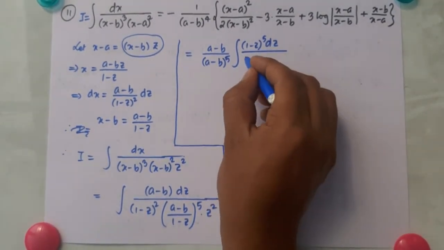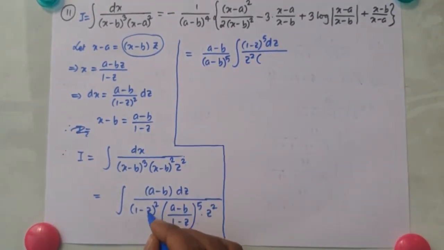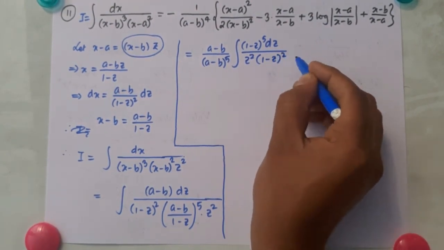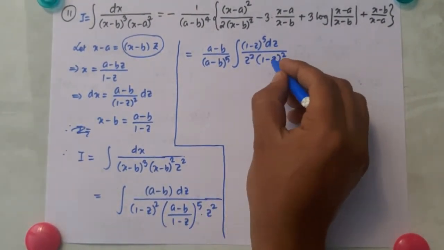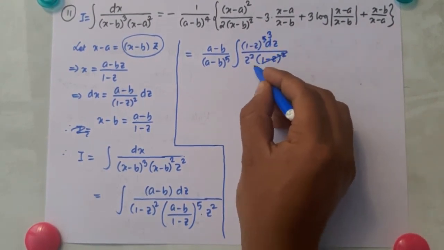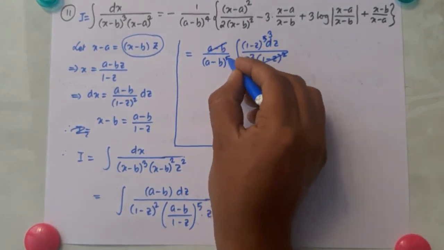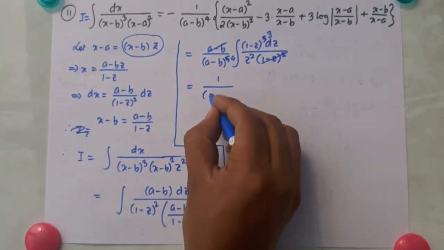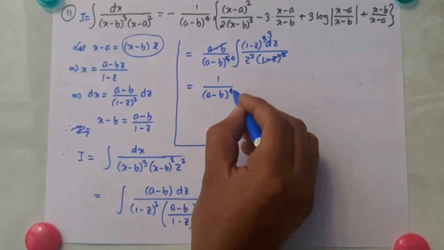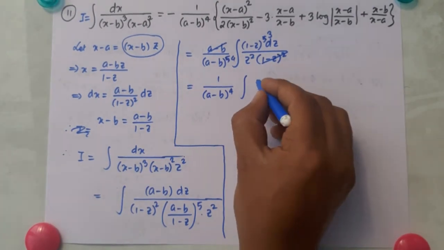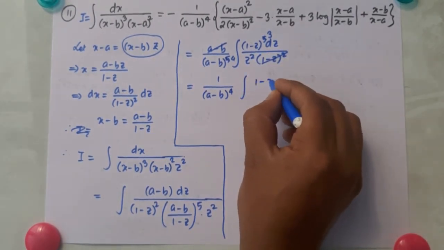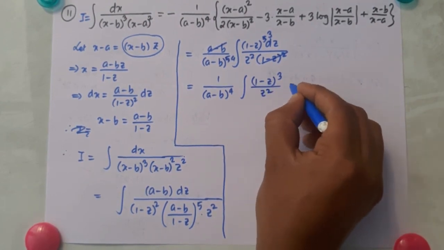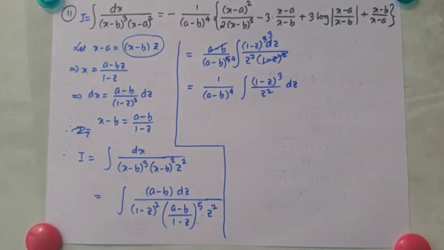You have got z square into 1 minus z whole square here, right? So as usual this and this get cancelled, so only 4 is left. So you have 1 by a minus b whole to the power 4 integral 1 minus z whole cube by z square dz, isn't it?